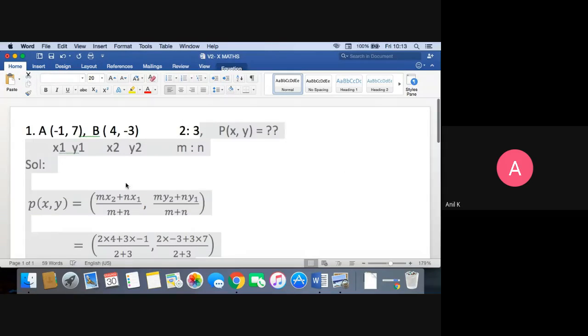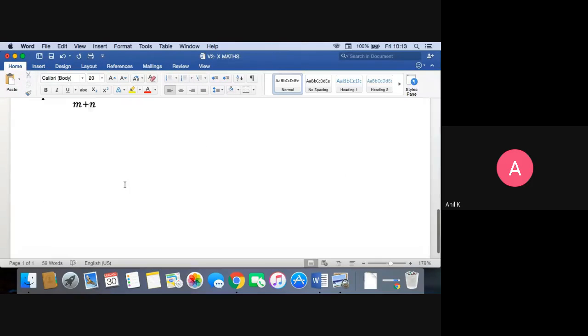If I do cross multiplication here, this m plus n will be multiplied with -4. So what do you get? -4m, then -4n is equal to 3m minus 6n. So what we do is we bring all the m terms to one side and n terms to one side.